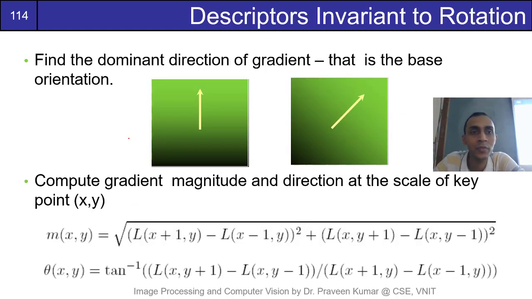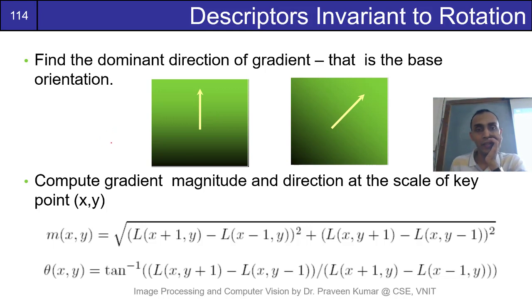Whatever descriptor we finally choose, we have to make it invariant to rotation, because in one image the patch may be in one direction, and in another image the patch may be rotated by a certain degree.